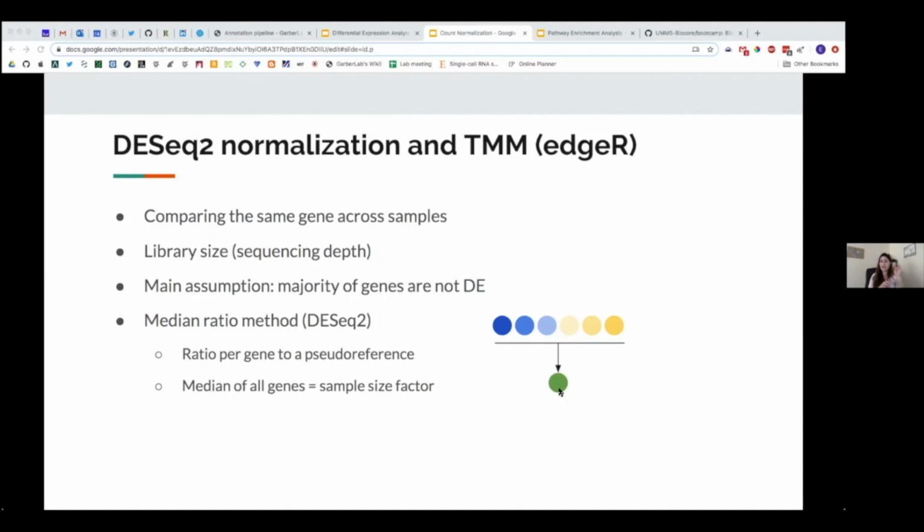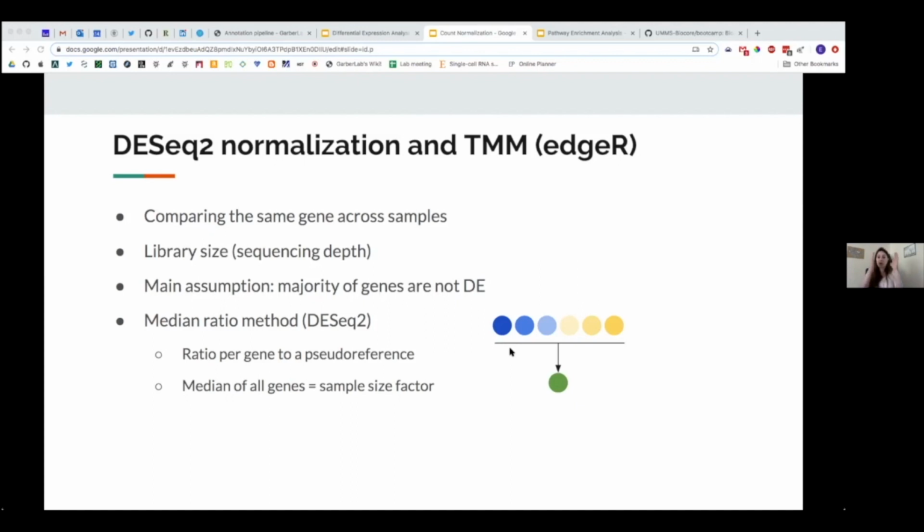After calculating this ratio, you take the median of these ratios across all genes. And that median will be your library size factor. Basically, this is the factor that you have to divide your counts by in each sample to make them all comparable.